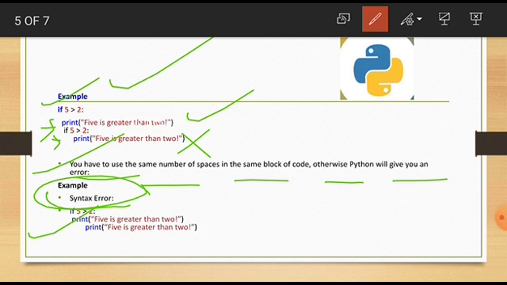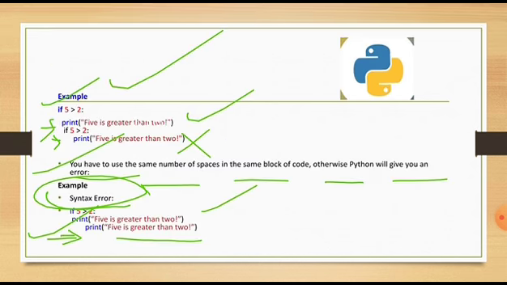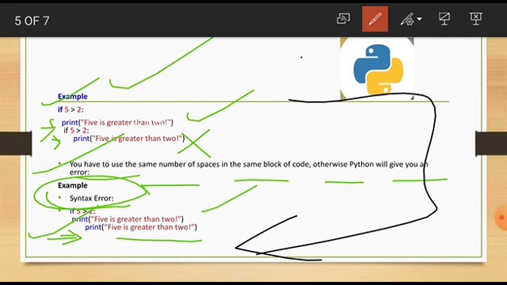If 5 is greater than 2 colon, print 5 is greater than 2, and after that it leaves this much space, and then print 5 is greater than 2. So this will give the error. Here you see, if 5 is greater than 2, after that it leaves some space and writes print 5 is greater than 2.